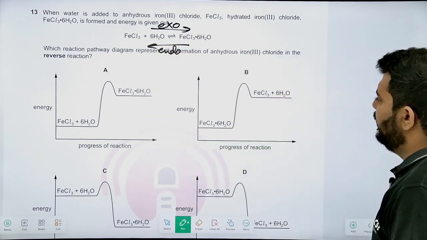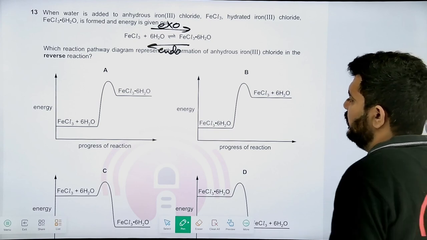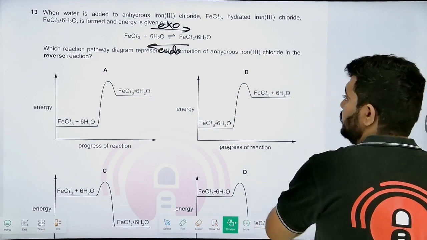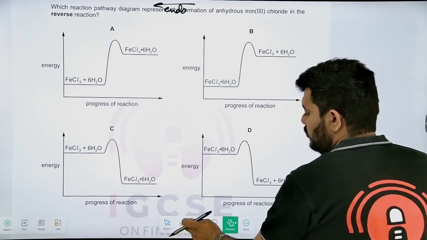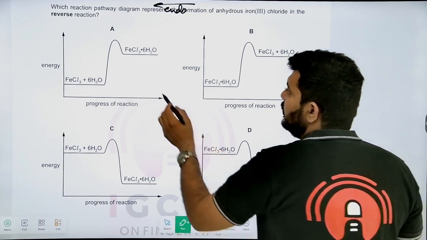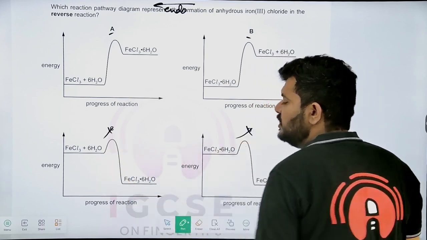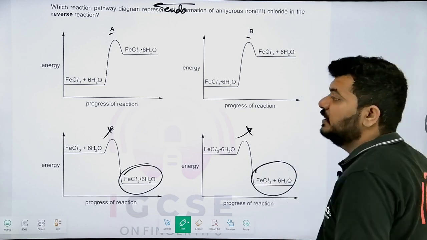Let's look for endothermic reactions. Can we all agree that only A and B are endothermic? D is exothermic and C is exothermic because products have lesser energy than reactants.